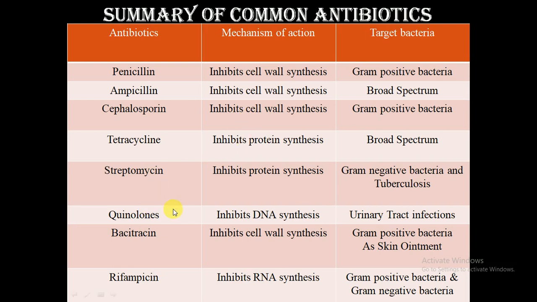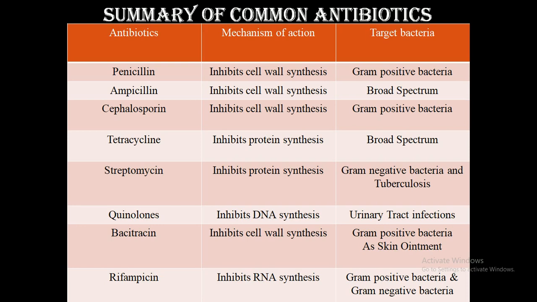Quinolones, another group of antibiotics, are DNA synthesis inhibitors, which we have already explained in detail in my previous lectures. They are used in the treatment of urinary tract infections. There are certain bacteria which can produce complications in your urinary tract.